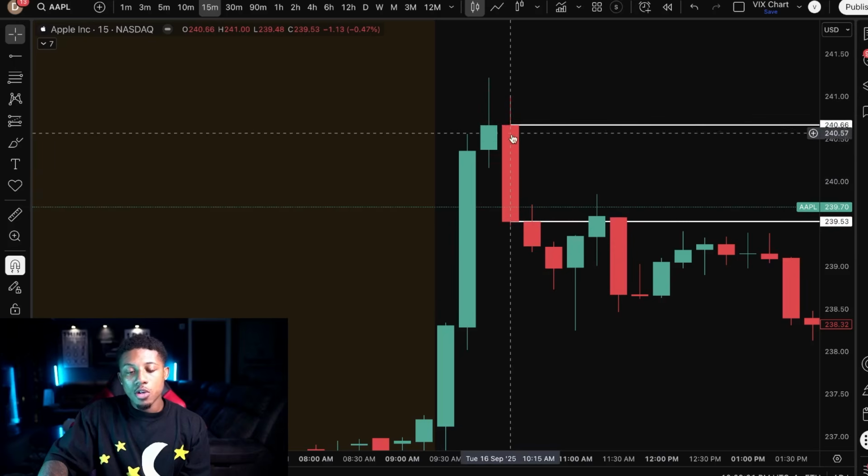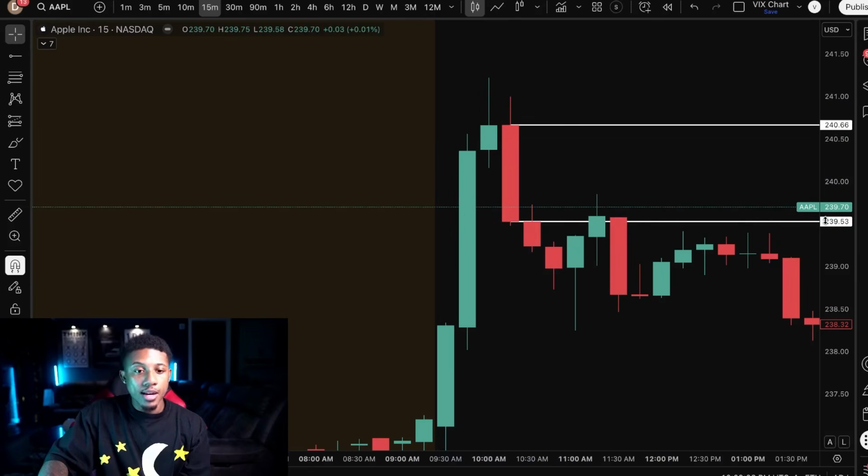The price during this candlestick opened at $240.66, and then we closed at the bottom of the body, which is $239.53. So this portion that we marked out is called the body, okay? This is where we opened, this is where we closed. On a bullish candlestick, we opened here, we closed here, okay?